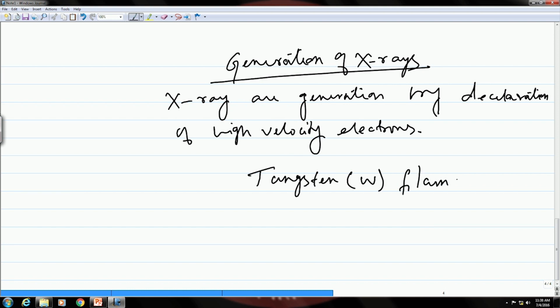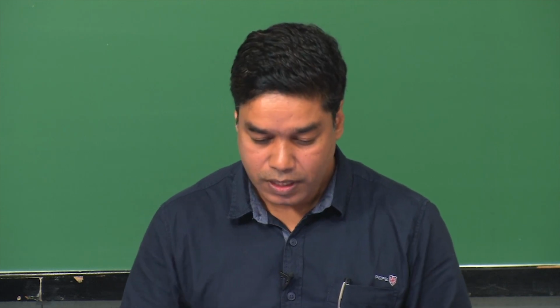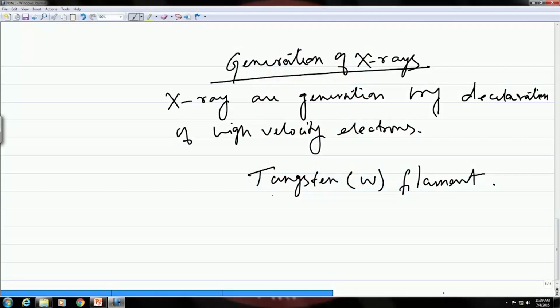The symbol for tungsten is W. And when you stop it, on the other side of this instrument, which is basically a tube, you have another material which stops them. That is called the target.